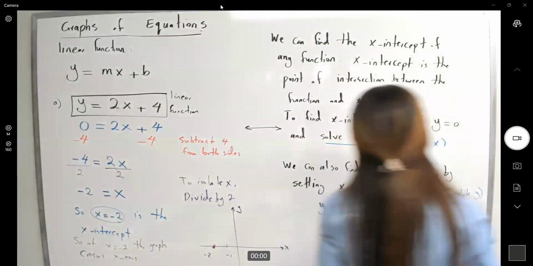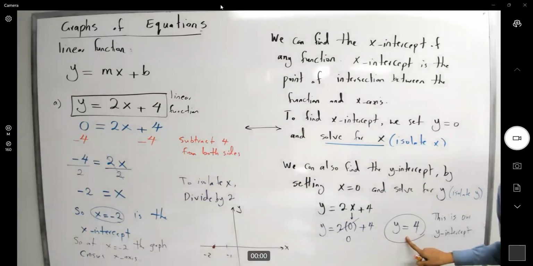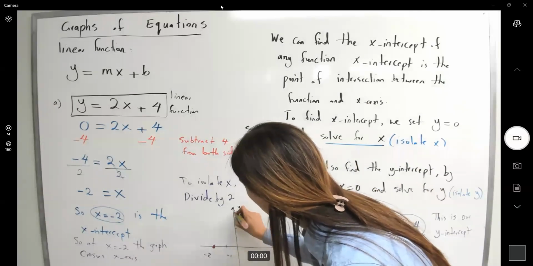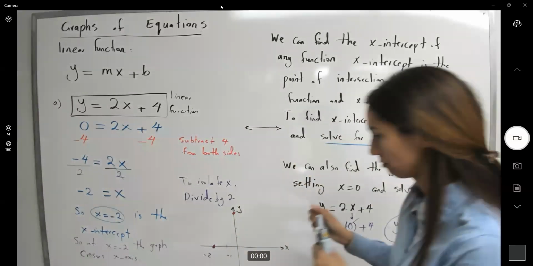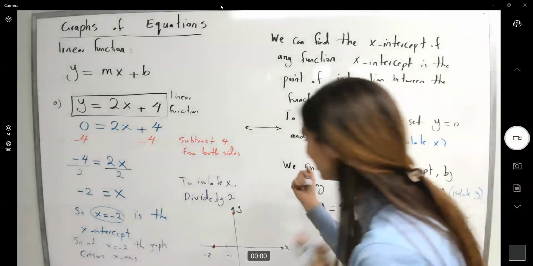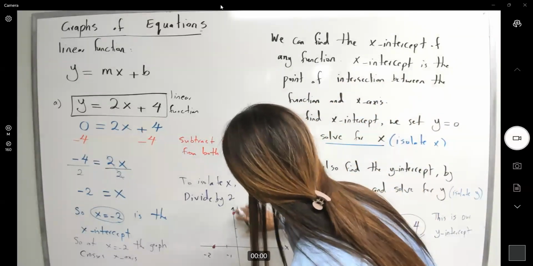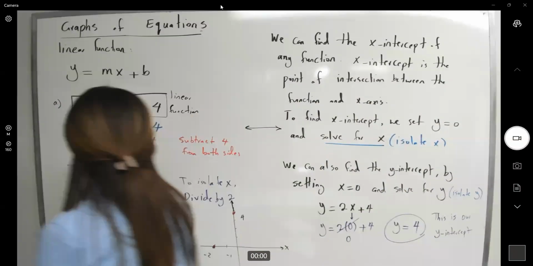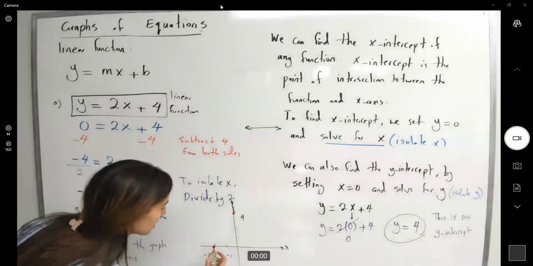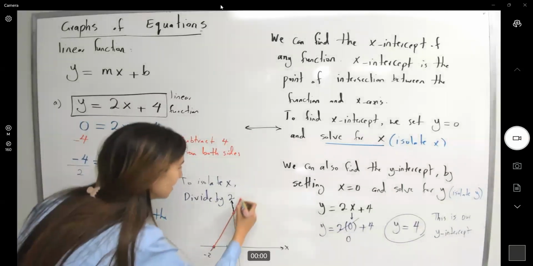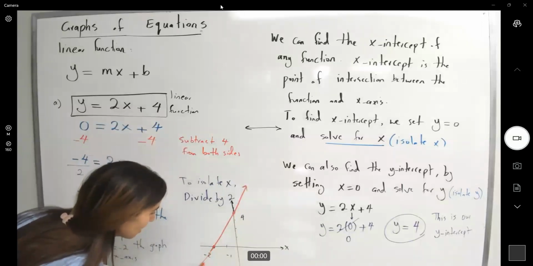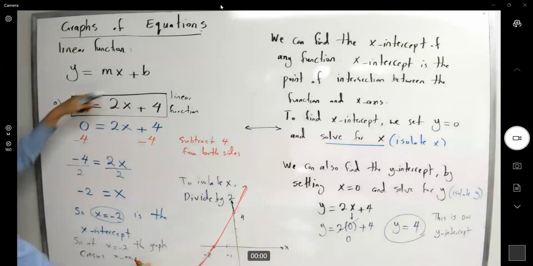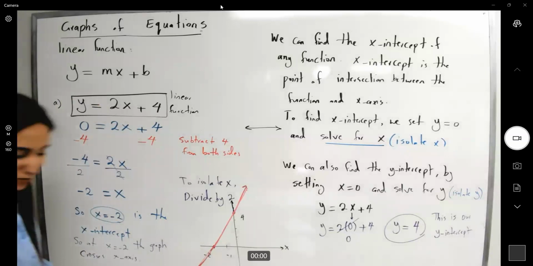And my y is 4, which is my y-intercept. So 1, 2, 3, and 4. This is 4. Now if you connect these 2 points, then you're going to have an increasing line. This is the graph of this linear function.